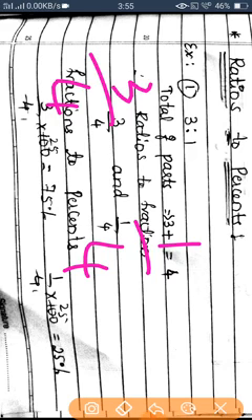Whatever decimals you are converting, convert first as a fraction, then convert to percentage. Even the ratios you have to convert as a fraction first, then after that you can convert as a percentage by multiplying with 100.